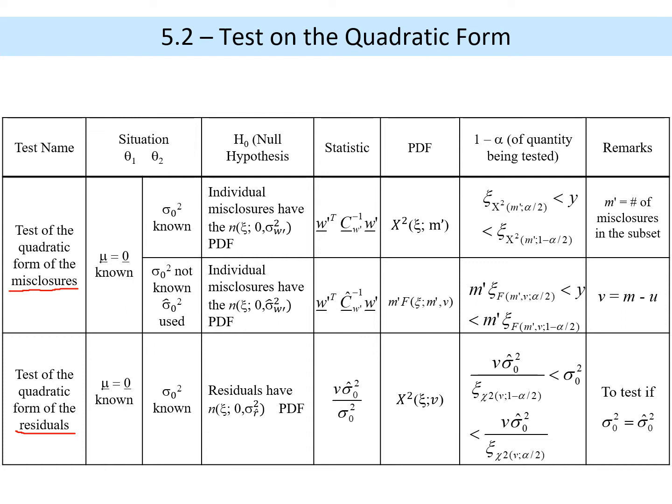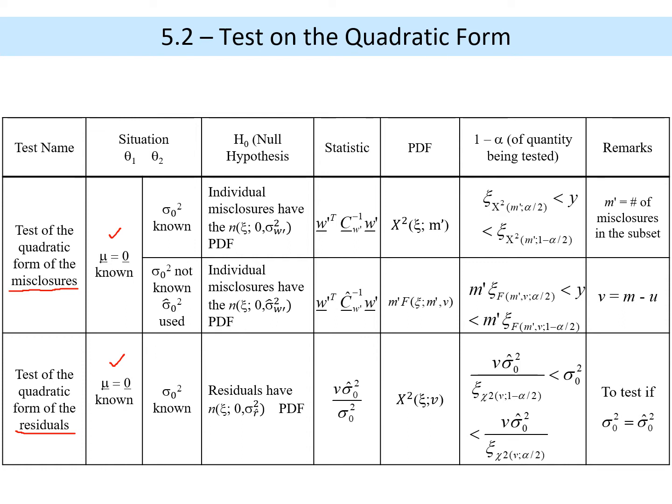And of course, we know that the mean value, the expected, the population value of misclosures and residuals is 0. Okay, that's the expected value. Anything different will indicate that there is a bias in the computed residuals.